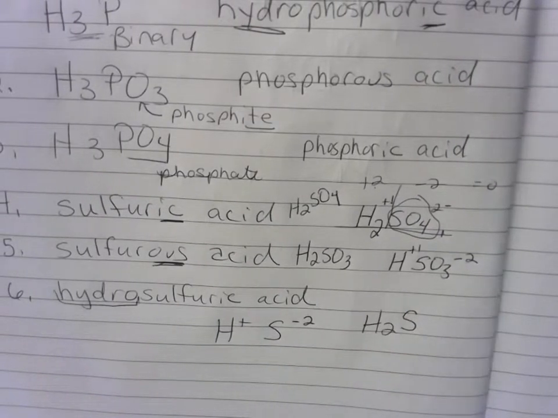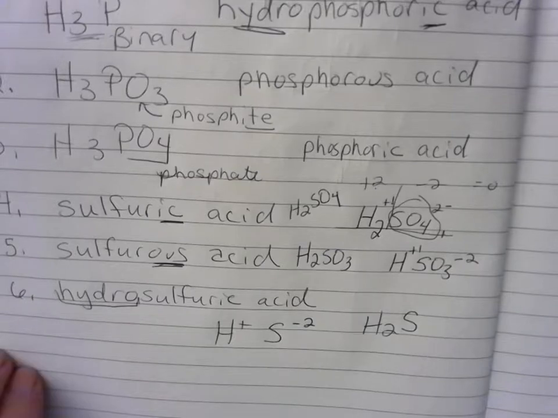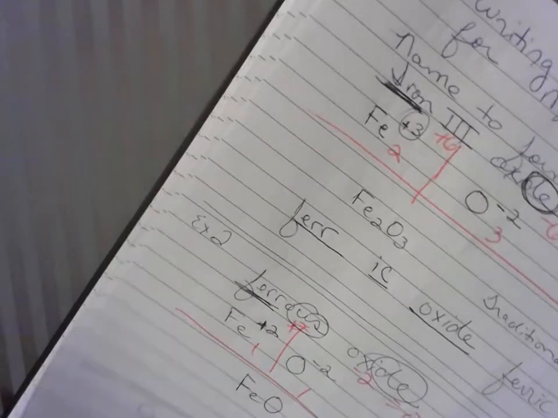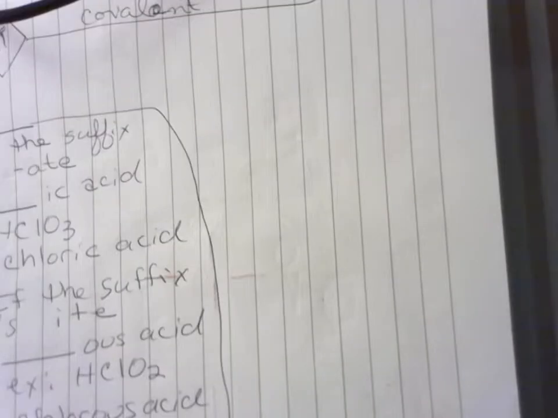Alright, I'm going to go back to my chart. Now we're going to learn about naming covalent bonds. Covalent bonds are between nonmetals, and we're not talking about polyatomic ions here.